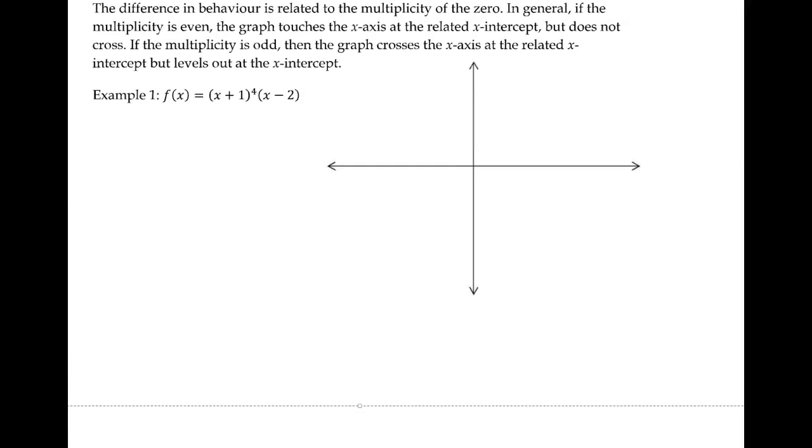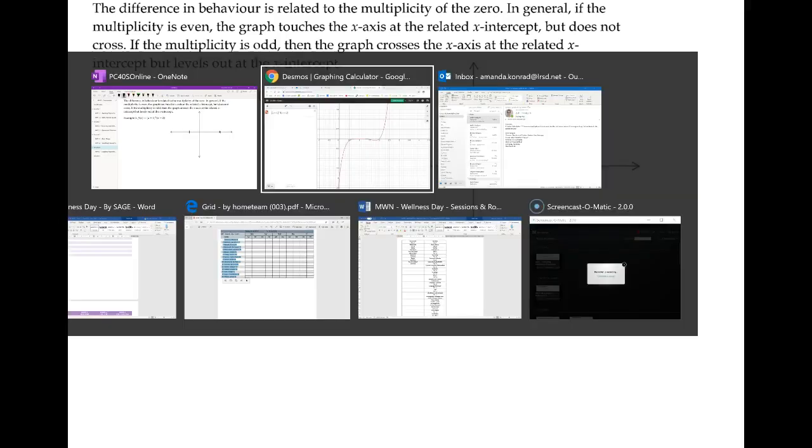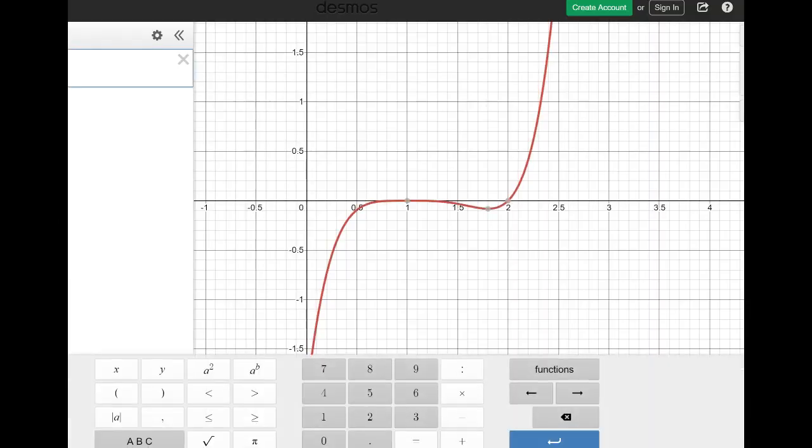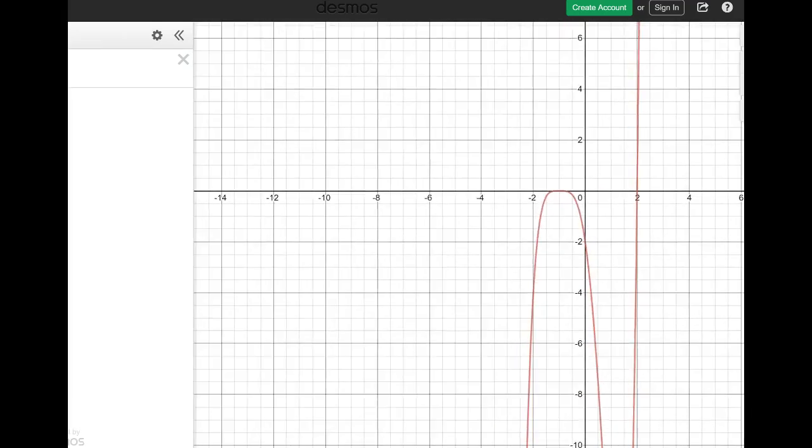In addition to all of that, we would show 1 and 2, because those are kind of important points. Oops, I typed it in wrong. Should be -1. Let's see what that looks like. There we go. That's better.